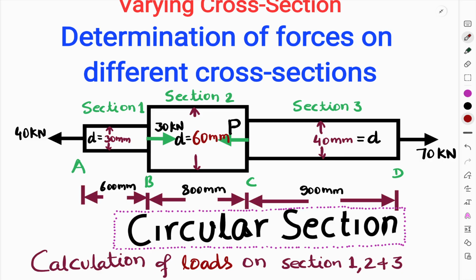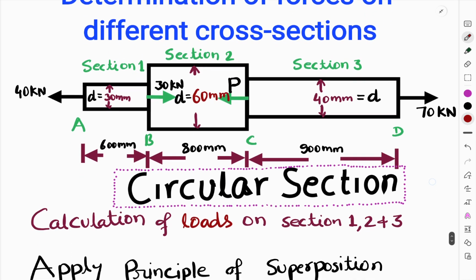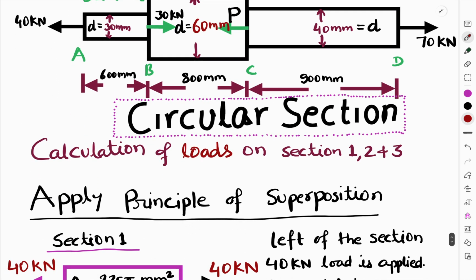Here the length is given: for section 1, 600 mm, for section 2, 800 mm, and for section 3, 900 mm. So how are we going to proceed? Here is the calculation of loads on sections 1 to 3. First our job is to calculate the loads applied on the particular sections.